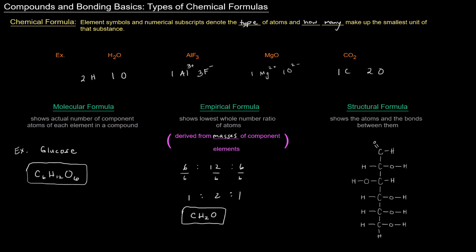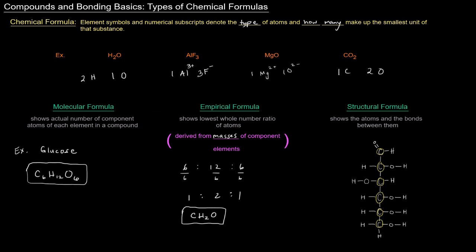This is the actual structure of glucose, at least when it's in its linear form. So I should have 6 carbons, 12 hydrogens, and 6 oxygens. Let's verify that. Let's count the carbons first. Circle them in yellow. We've got 1, 2, 3, 4, 5, 6 carbons. That checks out.